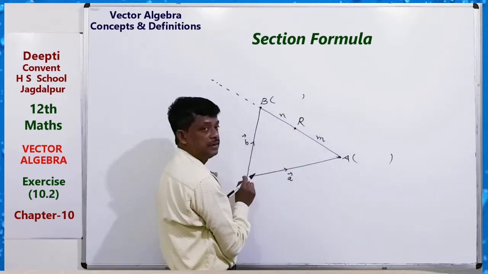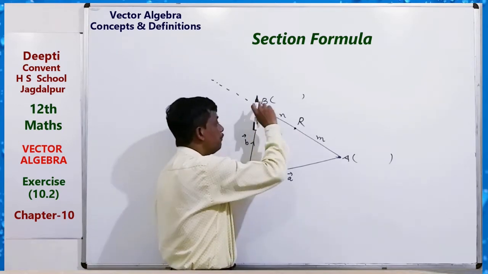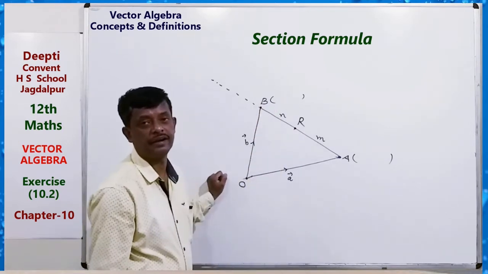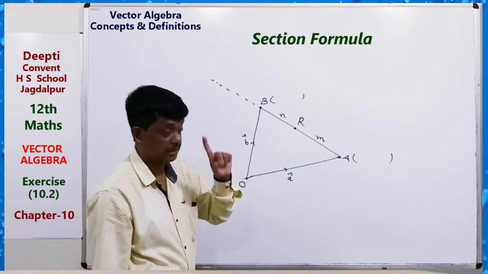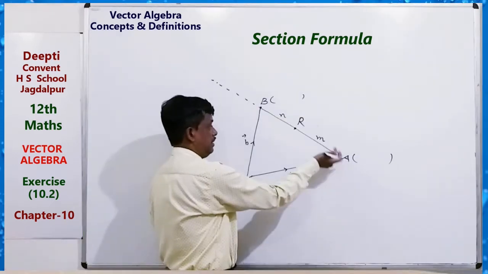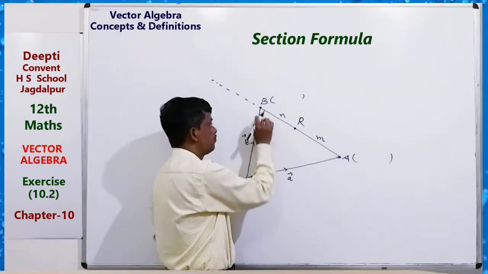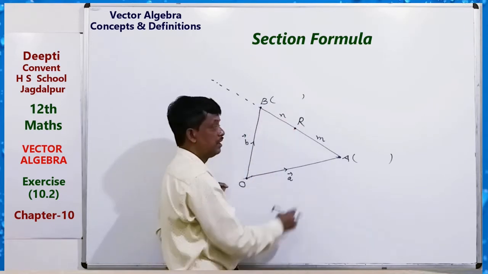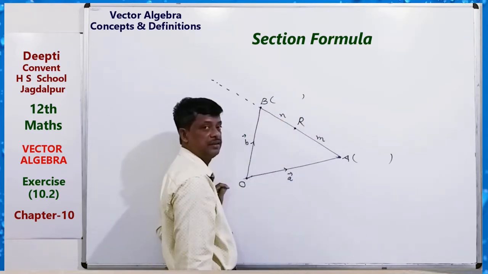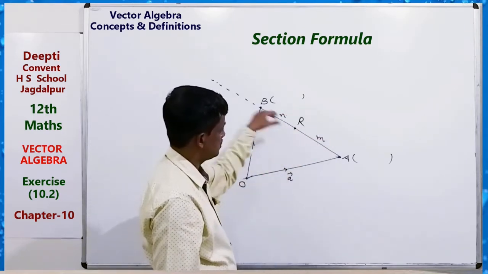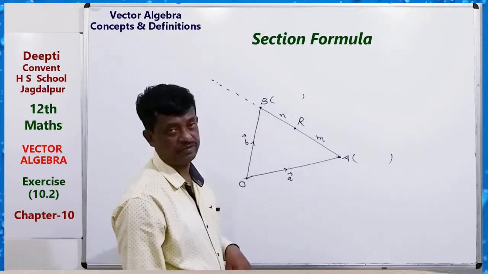Read it like this: the ratio AR to BR is m:n. This point divides this segment in the ratio m:n.